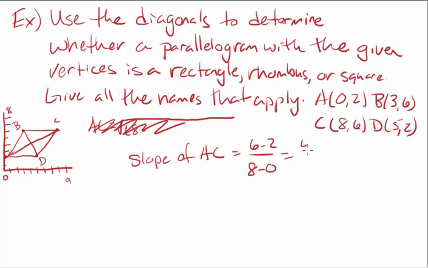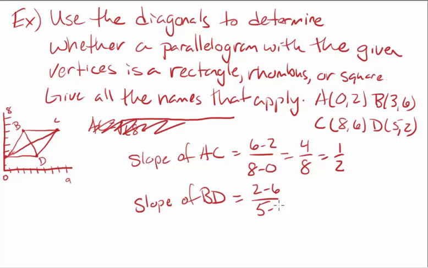That equals 4 over 8, which equals 1/2. And the slope of BD equals (2 minus 6) over (5 minus 3). Simplifying this, we get negative 4 over 2, which equals negative 2.